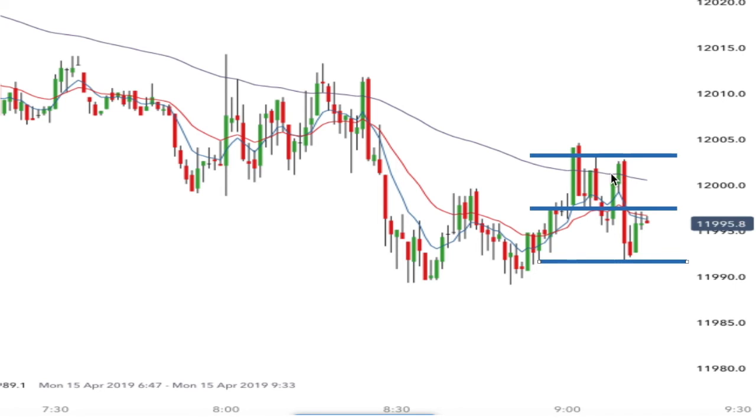These often act as some form of support or resistance when the market is moving up or down. When it's in a flat horizontal trading range, then you'll find that the market just goes up and down above these exponential moving averages, and they're no use at all in terms of support and resistance.